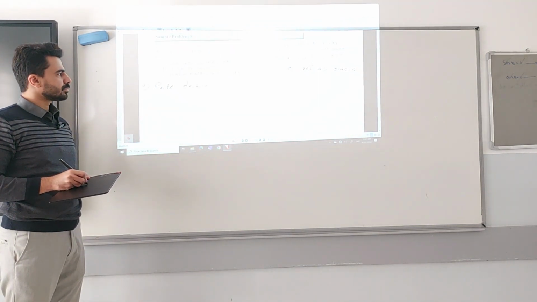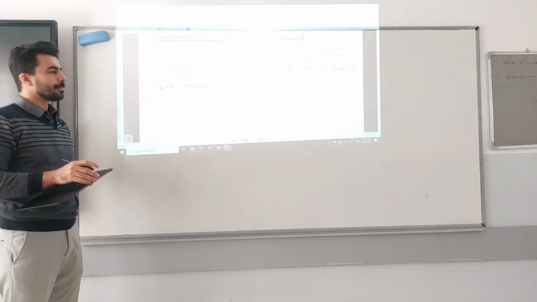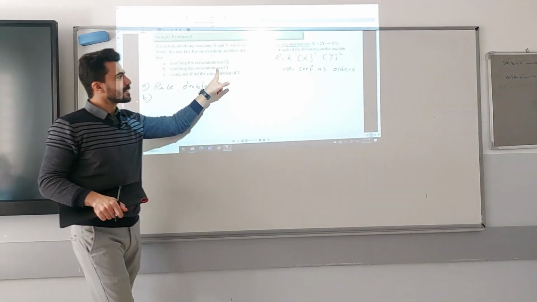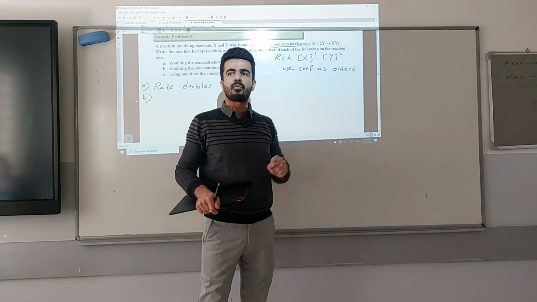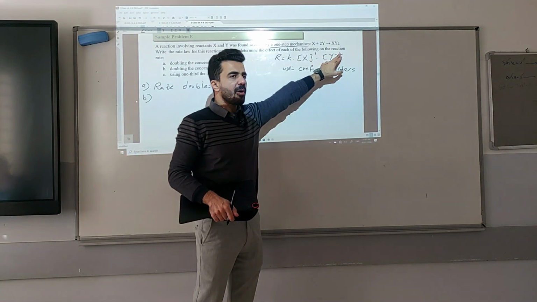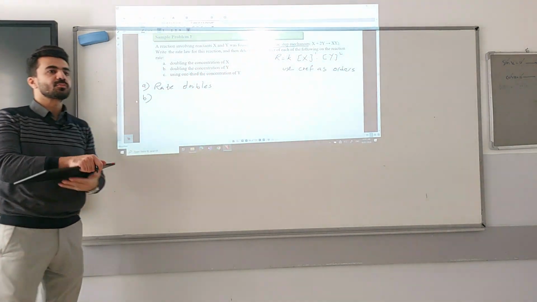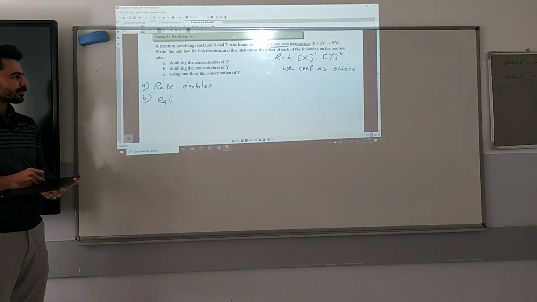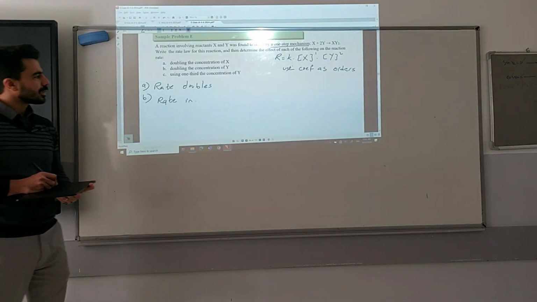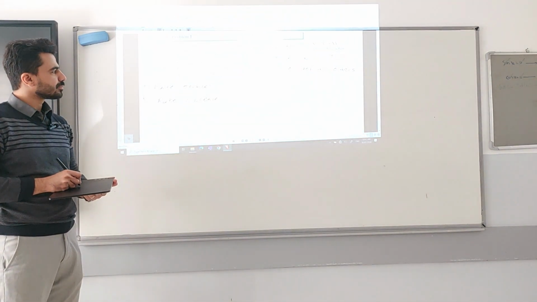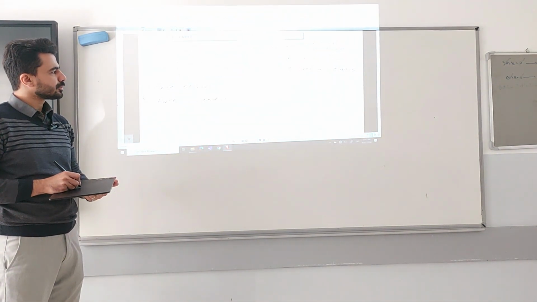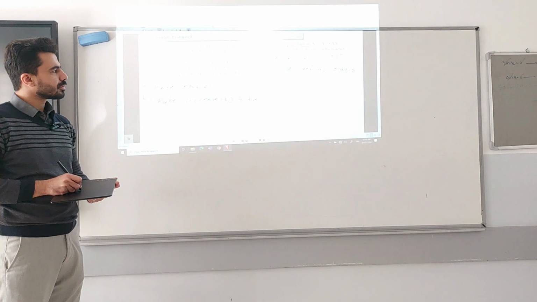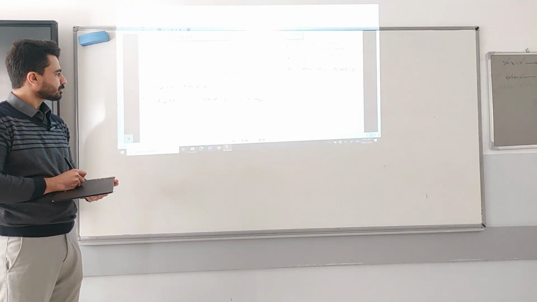In B it says, what if we double the concentration of Y? Double to the power of 2, so the rate will change by 4 times. Rate increases by 4 times, or quadruples.